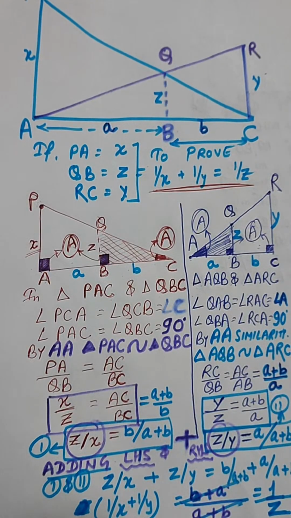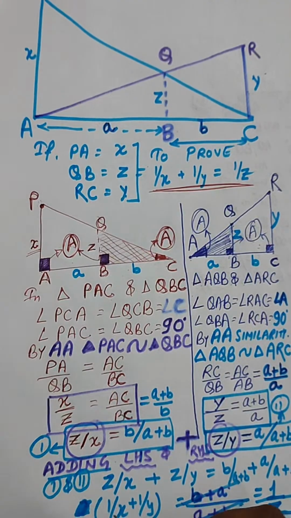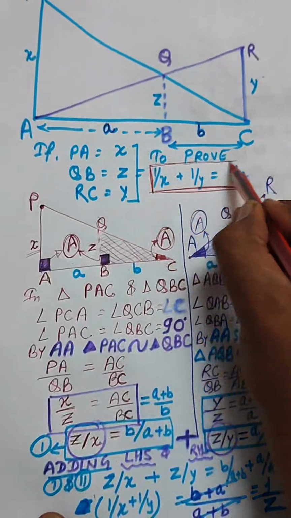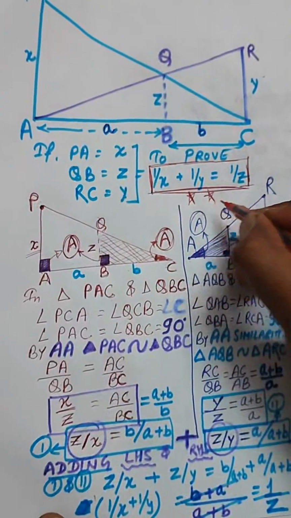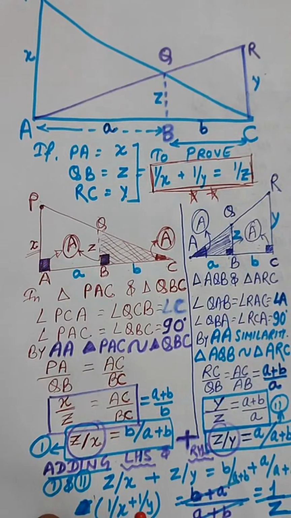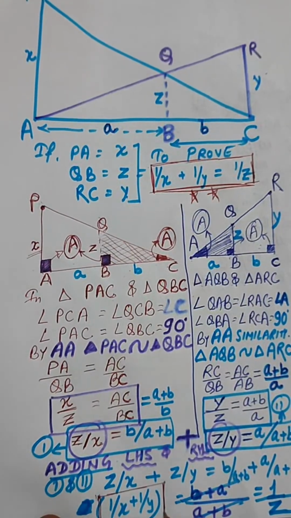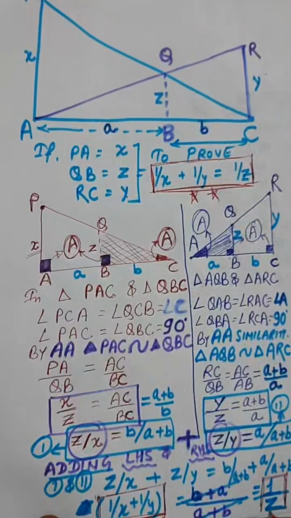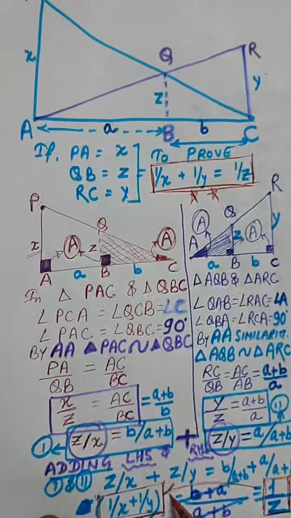So we have proved what was required, that is 1 by x plus 1 by y is equal to 1 by z. This is proved, my dear friends, right? 1 by x plus 1 by y is equal to 1 by z. You can just see the LHS and you can see the RHS, right? These two are proved.